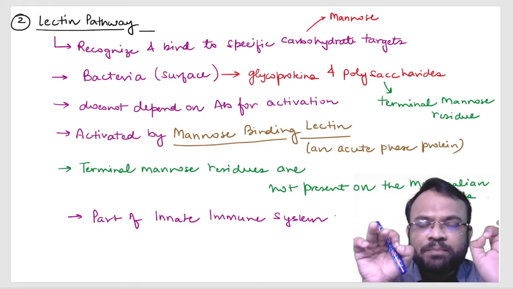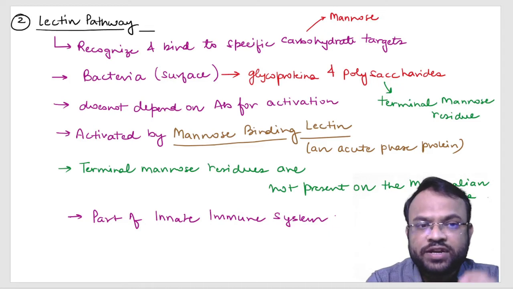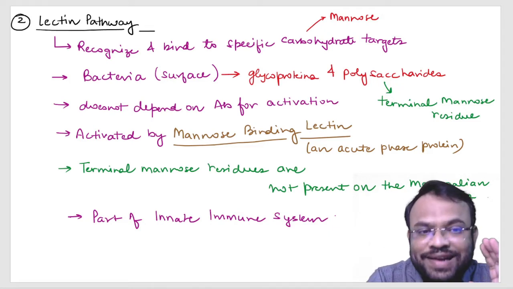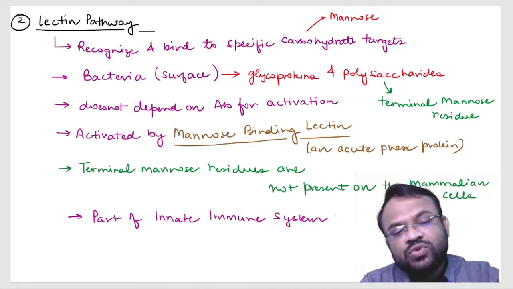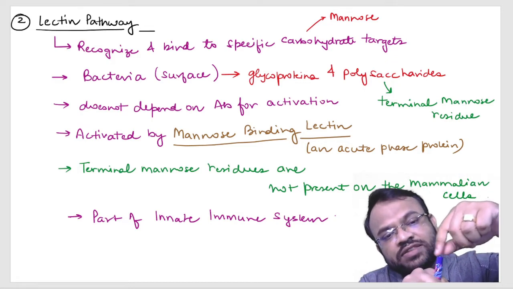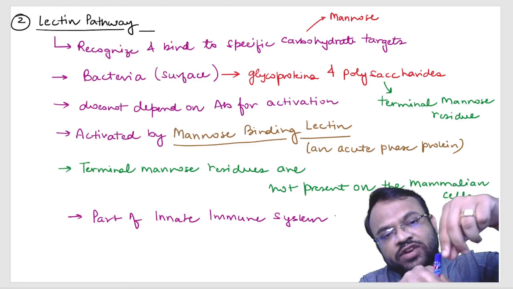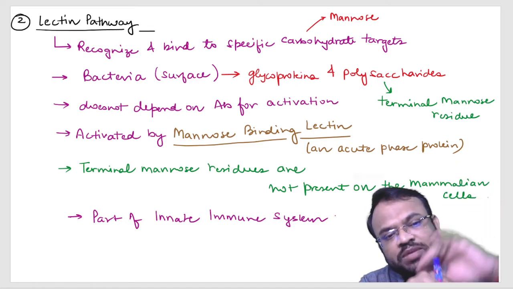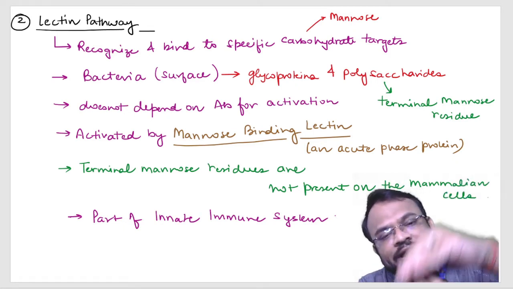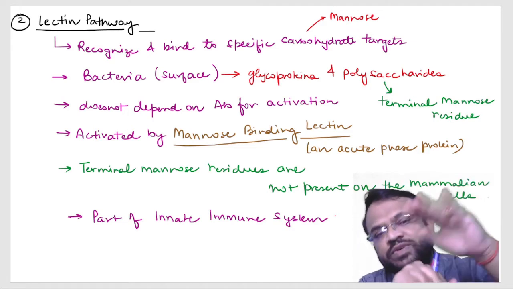A particular protein is present inside your body called lectin. What does lectin do? It identifies the end mannose present on these polysaccharides or glycoproteins on the bacterial surface and binds with them or interacts with it.